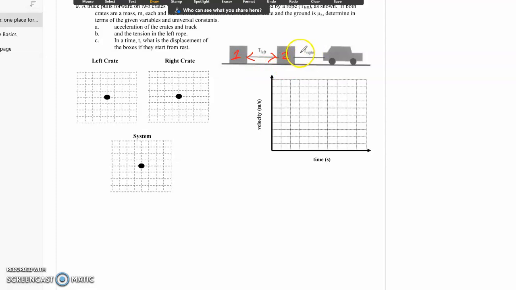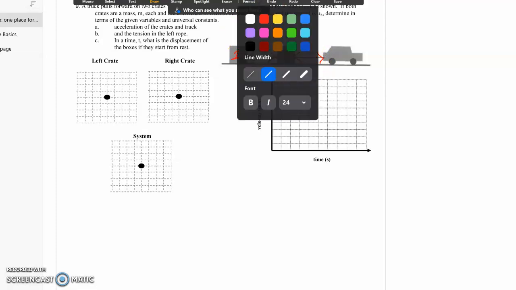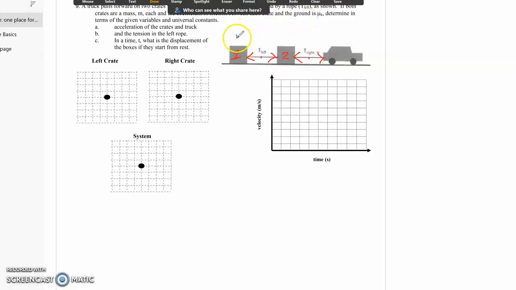Whatever tension 2 pulls on the car, the car pulls on 2. So these tensions are Newton's third law pairs. These are Newton's third law pairs here too, right?